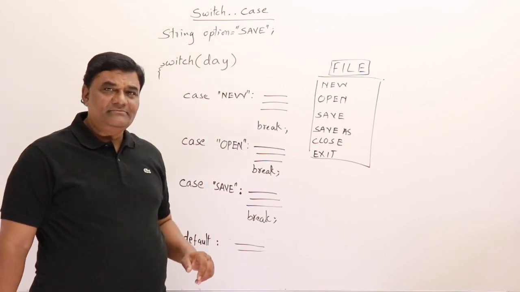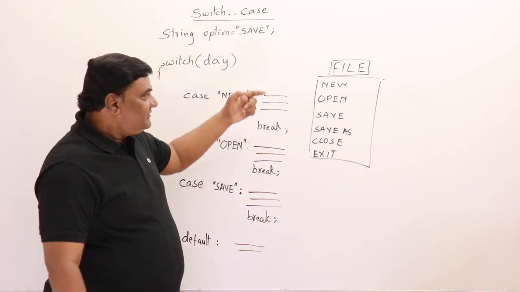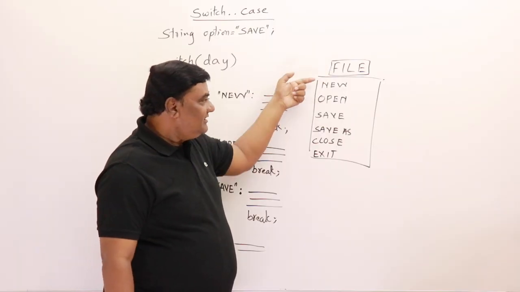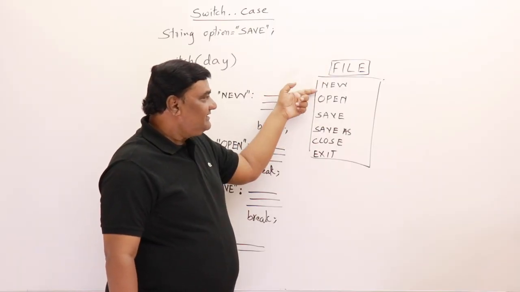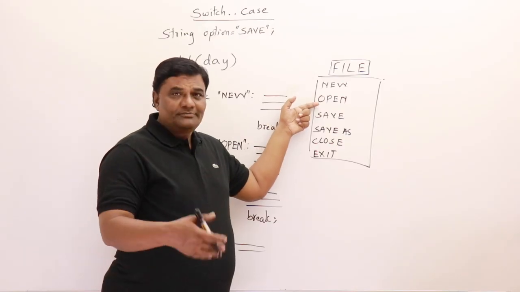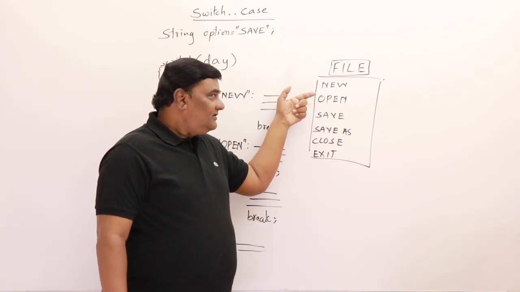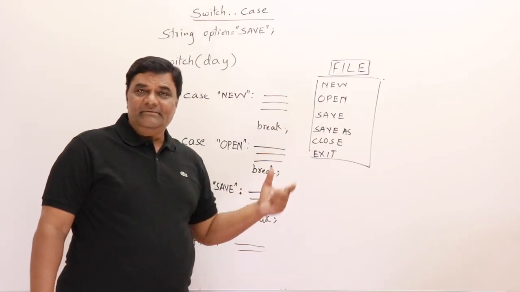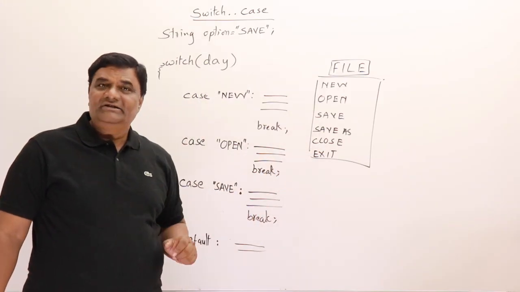We will find some menu options on the top. So one of the menus that is commonly found is file, and if you drop it down, you will find various options inside, like new, open a new file or new project, whatever it is, or open the existing one, save or save as, or close or exit the application. So these options are commonly found.